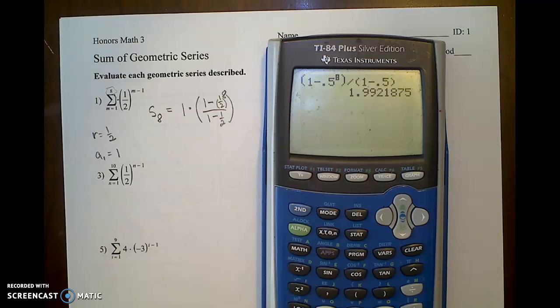So we get that number, and we multiply it by 1. And there we have it.